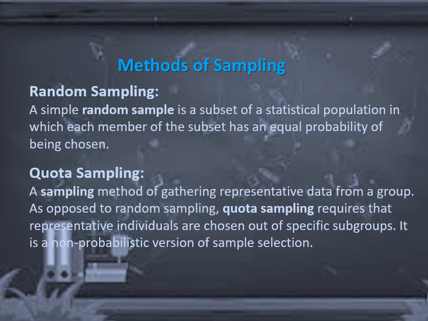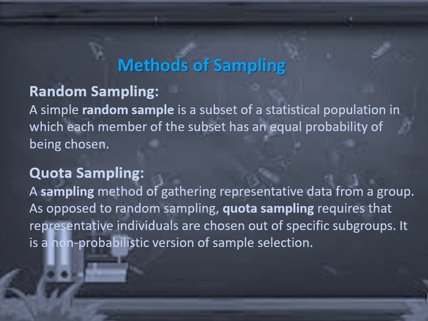The other is quota sampling. In probability-based sampling, out of the whole subset, everybody has the probability of being selected as the respondent. Whereas in quota sampling, you already classify your population into different segments, and then you pick a number of respondents from each segment, so that you have a true representation of the total population.